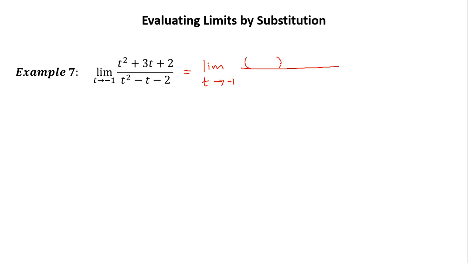The numerator is the same as t plus 1 times t plus 2. The denominator, on the other hand, is the same as t plus 1 times t minus 2. Now we can cancel t plus 1.